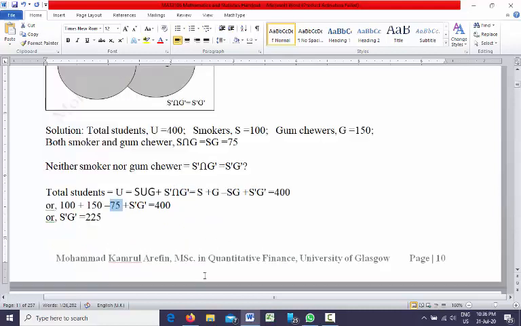If you solve it, you will see that S prime G prime is 225. That means students who do not smoke and at the same time do not chew gums is 225 students. That means they are good students.